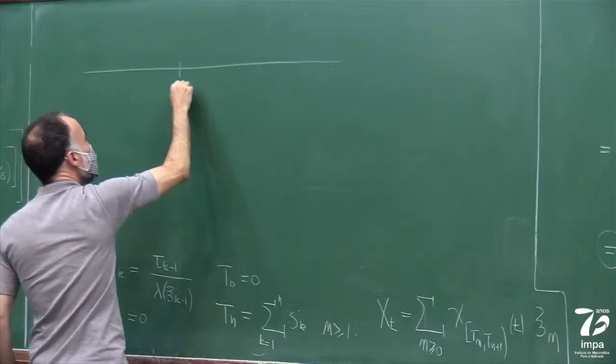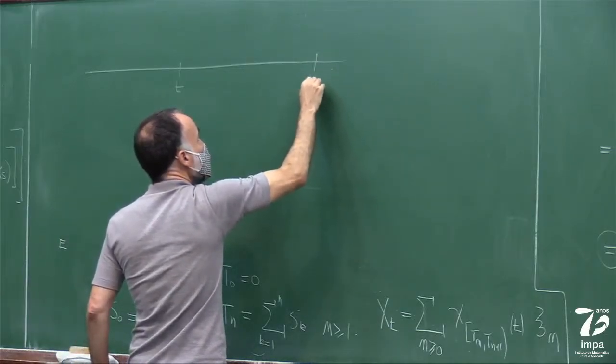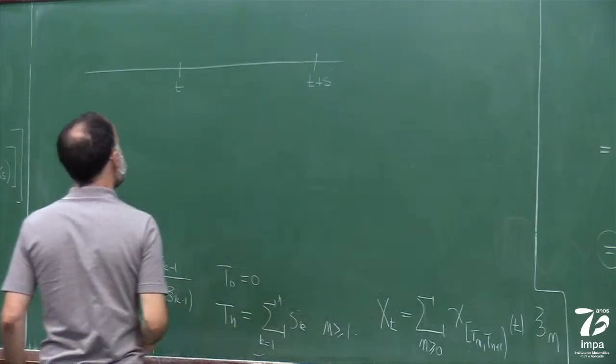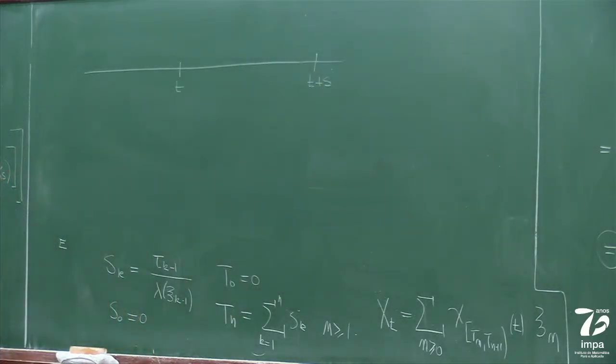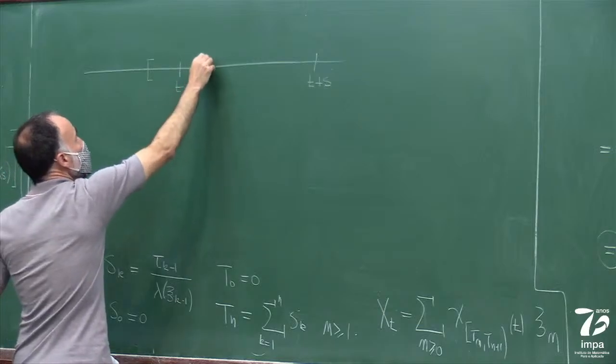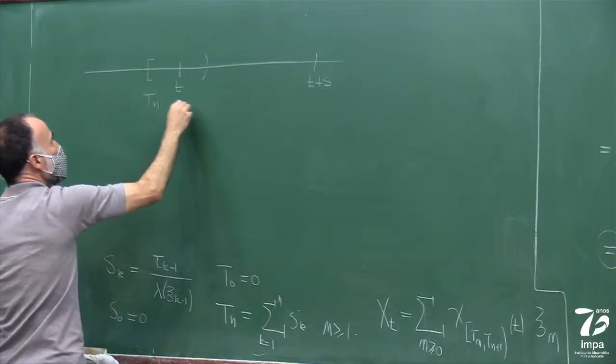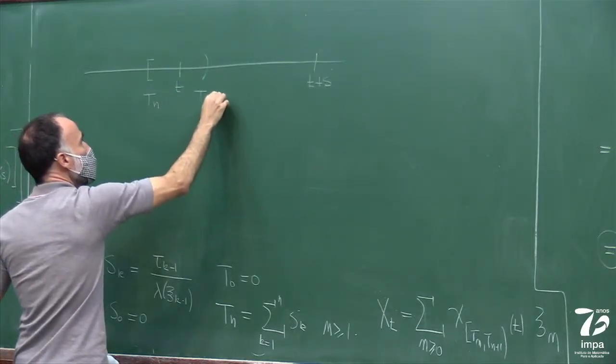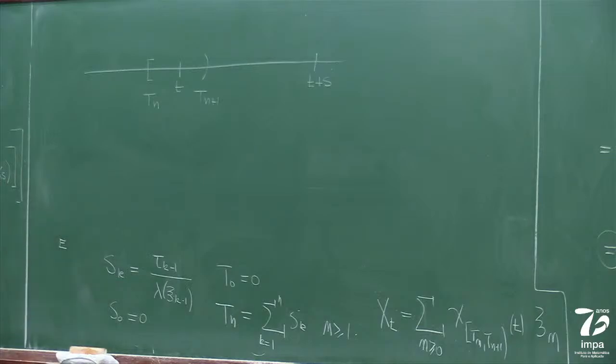So here's t, here's t plus s. And the first thing I will do is find an interval Tn, which is the one which contains t.